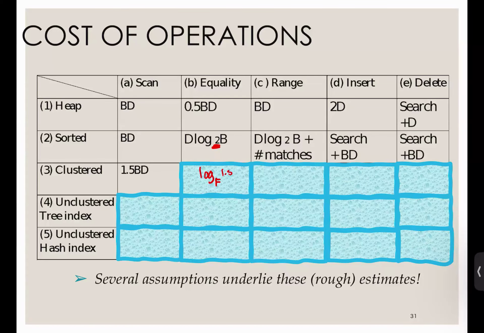It is 1.5 B, times D. You could see that it follows something very similar to sorted file. The only differences are, the first one is number of pages. It's not B pages anymore, it's 1.5 B. The second one is the fan out. It's not 2 anymore because it's not binary tree. It's B plus tree, so fan out is F. Yeah, those are the only 2 differences.